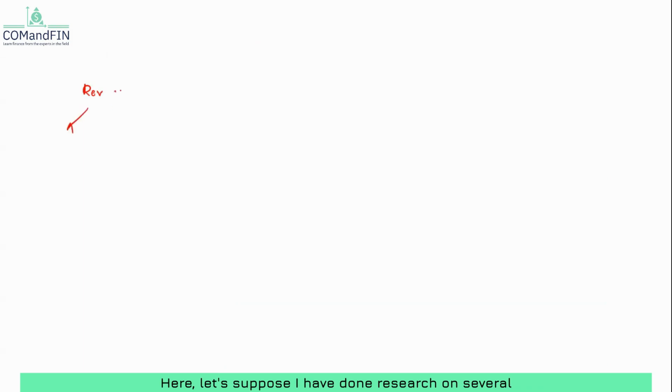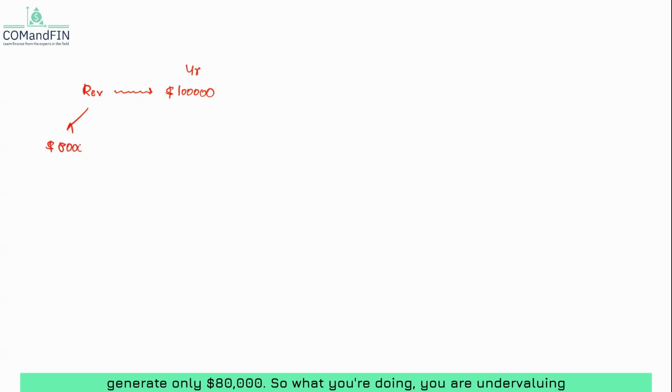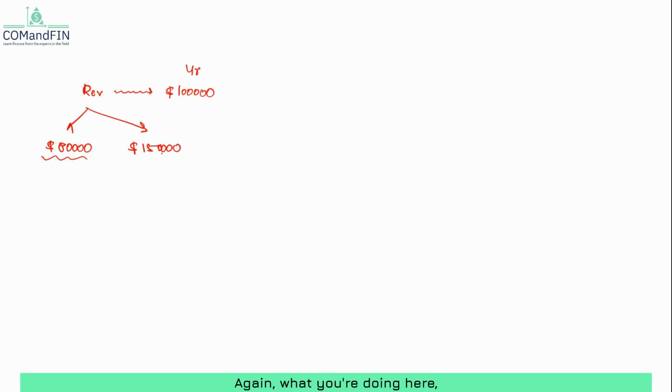Let's suppose I have researched several businesses and found that a restaurant business usually gives you revenue of $100,000 in a year. But I followed the pessimistic approach and took the number that I will be able to generate only $80,000. So you are undervaluing your business. Or you have taken revenue of $150,000. Again, you are overvaluing your business.